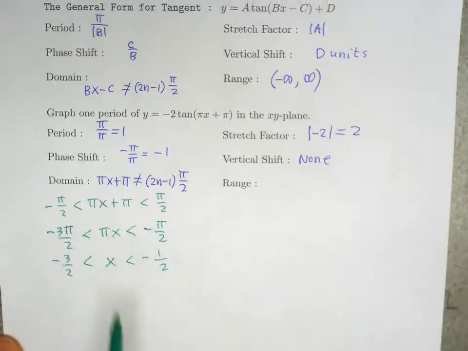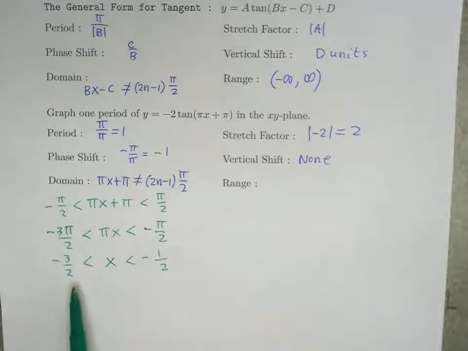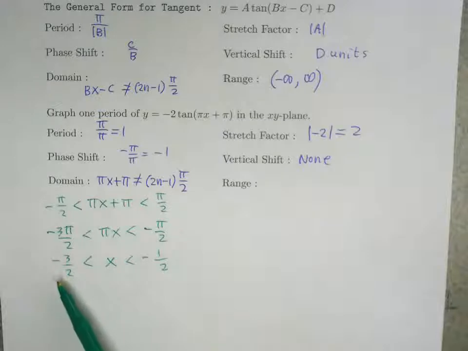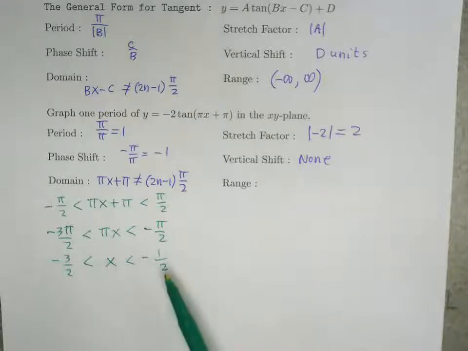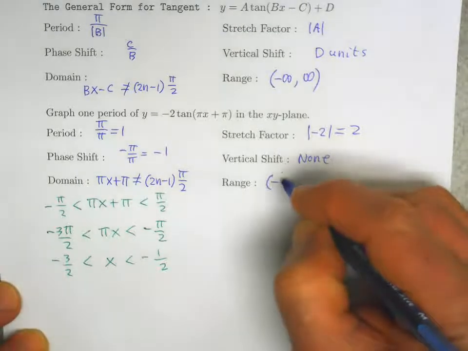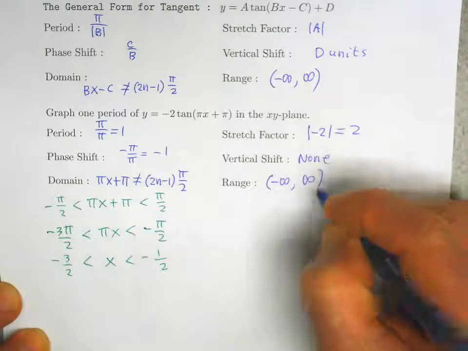Okay, so we can see that the length of this interval is 1. If you write -1/2 minus -3/2, you get 1. So the period is 1. And we have a vertical asymptote at -3/2 and also at -1/2. The range is all real numbers.